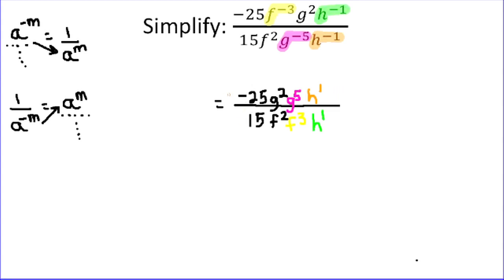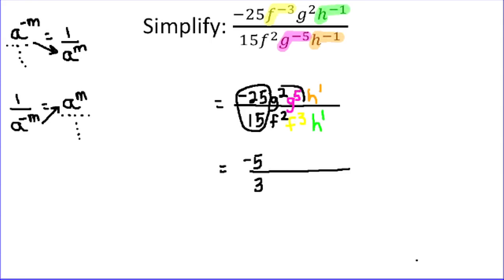What I can do now is use a combination of the product rule and the quotient rule. So let's take a look at that. Once again here, I have a negative 25 over 15. If I divide both of those by 5, I get negative 5 over 3.